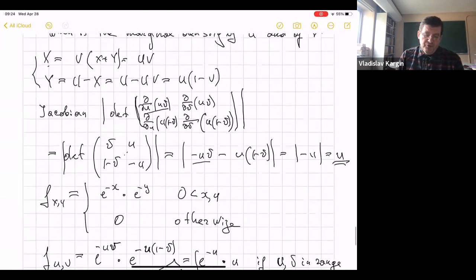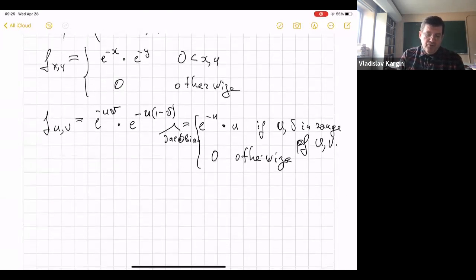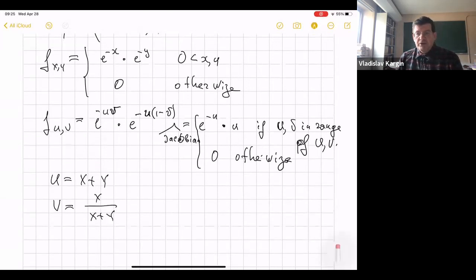Informally, u is equal to x plus y, so you think about the possible range of u: x is positive, y is positive, so u should be positive. And v is equal to x divided by x plus y, so you think about the range for v: it should be between 0 and 1.